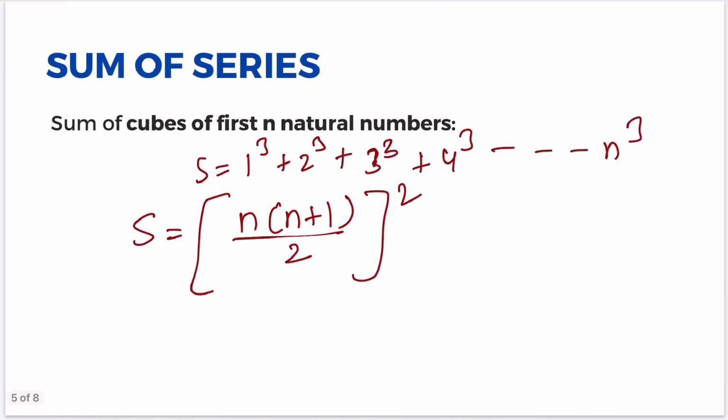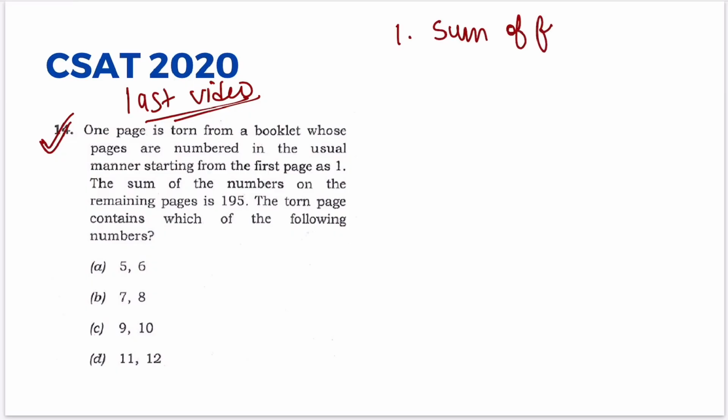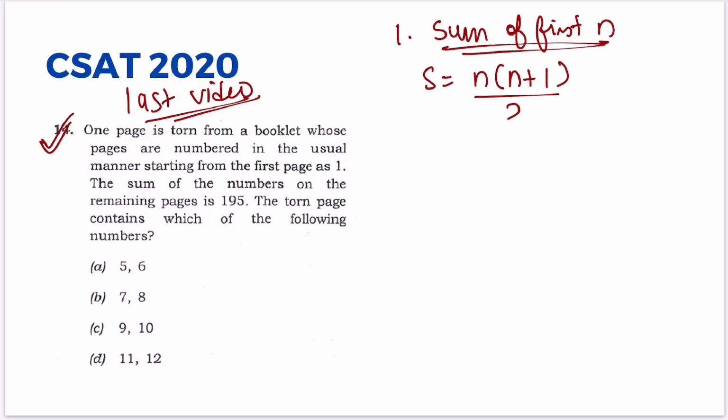And now coming to these PYQs, this we have already covered in the last video. Last video we have already covered how to solve such a question using the formula, right? Now, just for revision, I am writing those three formulas. Sum of first n natural numbers: the sum is n into n plus 1 by 2.